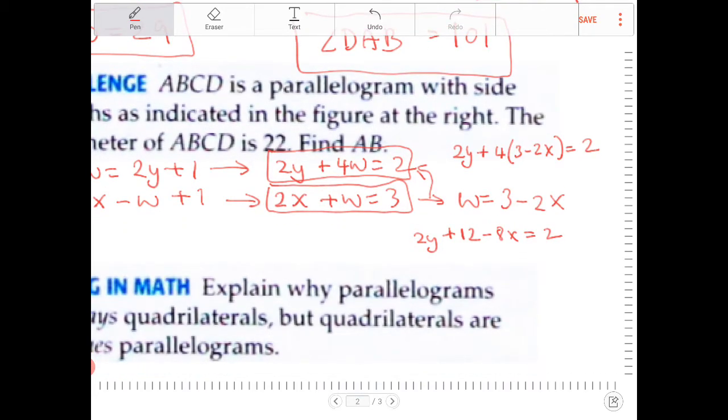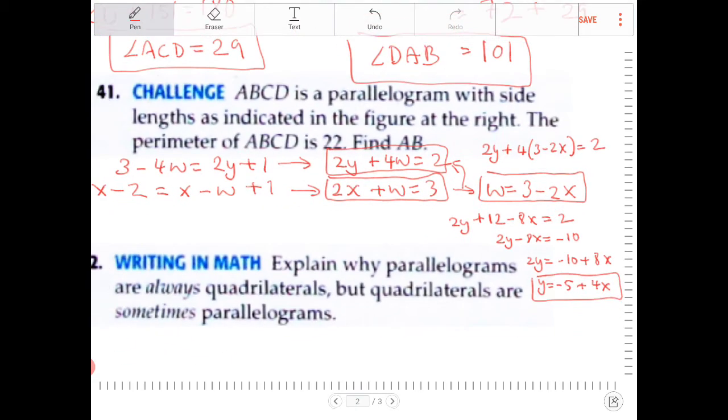Subtract 12, I end up with 2y minus 8x is equal to negative 10. Add 8x to both sides: 2y is equal to negative 10 plus 8x. Divide by 2, and y is equal to negative 5 plus 4x.